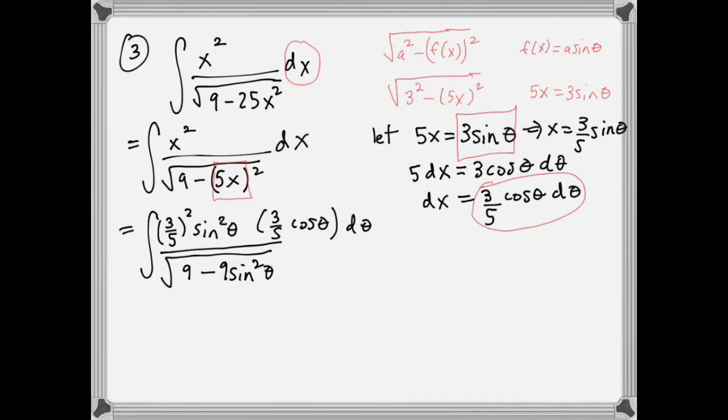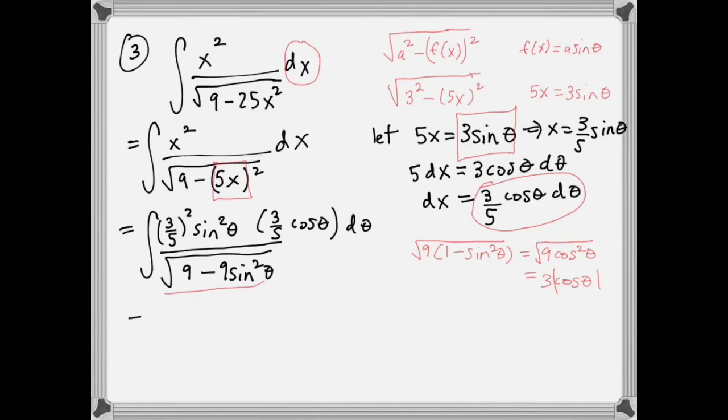Let's deal with what's under the radical here, okay? So this guy right here, I'm going to bring it over here just to see what happens. If I pull a 9 out, I get 1 minus sine squared theta. And then this becomes the square root of 9 cosine squared theta, which is the same as 3 cosine theta. Again, I'll leave the absolute value in for now, but we are going to get rid of it in this step since it is an indefinite integral. We don't need it.